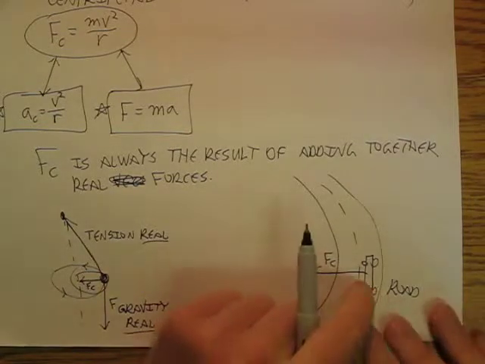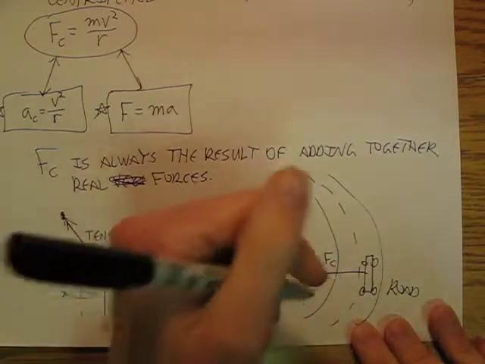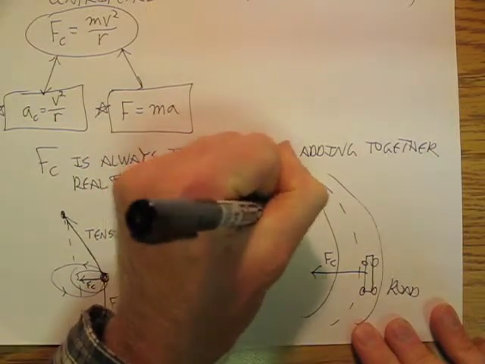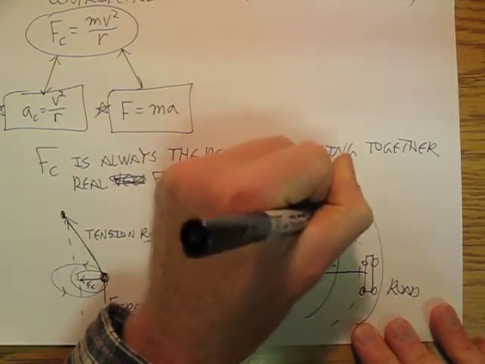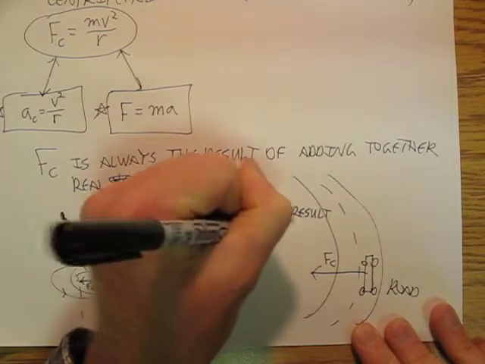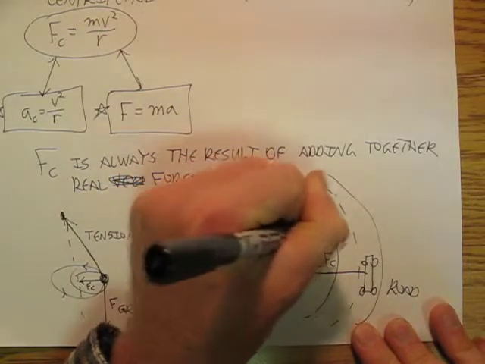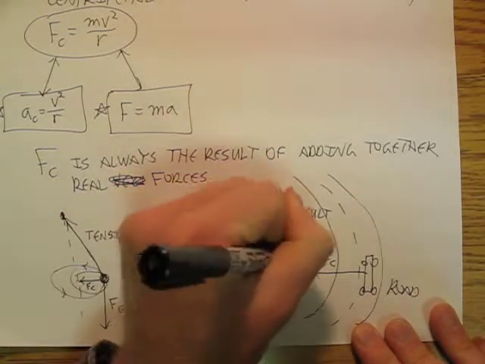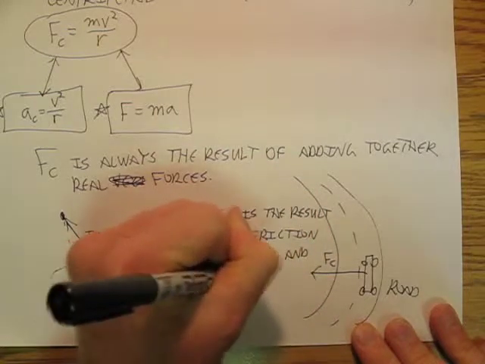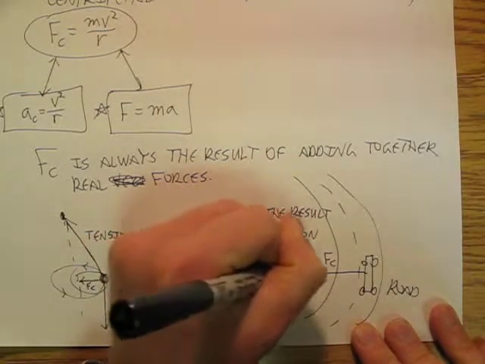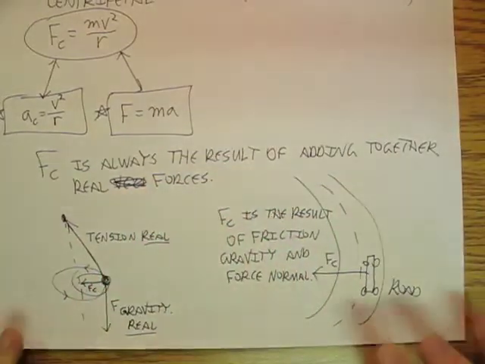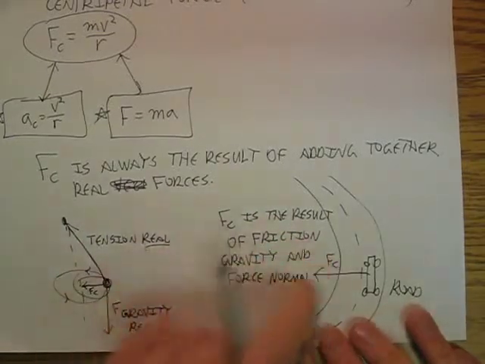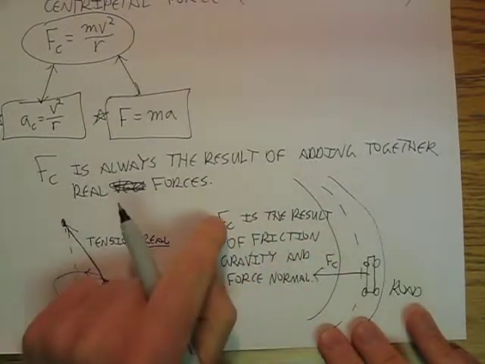And so in the case of the road, that force, Fc, is the result of friction, gravity, and force normal. Okay, so three forces that you put all together and you end up with that Fc.